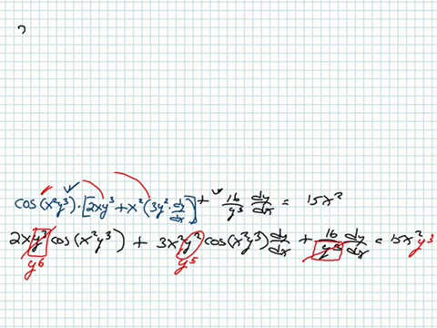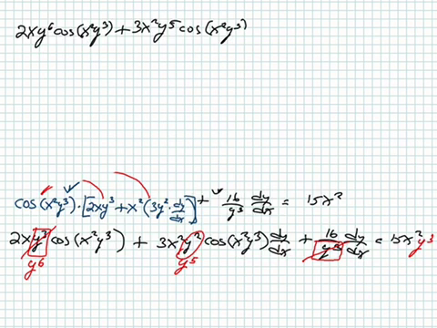So I've got 2x y to the 6 times cosine of x squared y cubed plus 3x squared y to the 5th cosine of x squared y cubed dy dx plus 16 dy dx is equal to 15x squared y cubed. Okay, now we're in business.